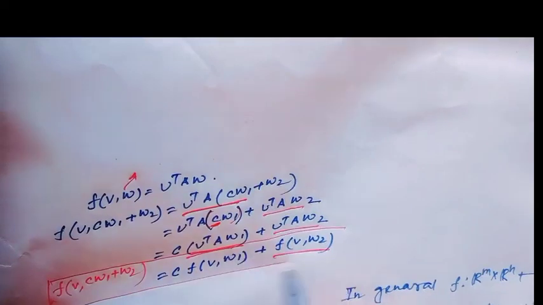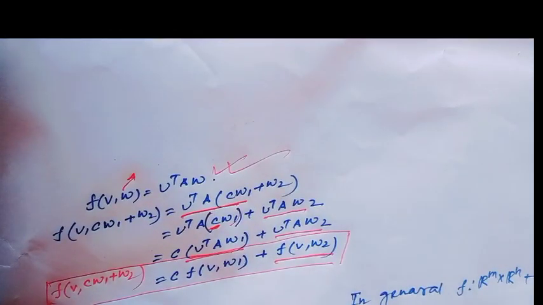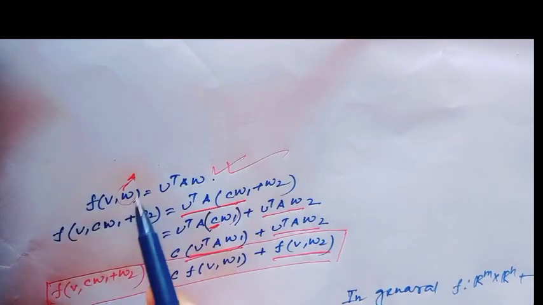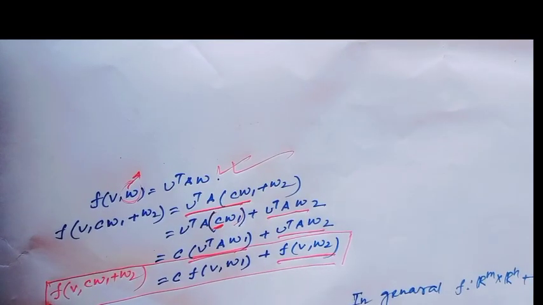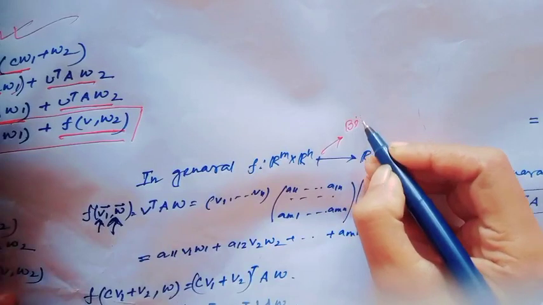That means this mapping is also linear with respect to the second vector w. Have you understood this process? So this type of mapping is actually a bilinear form.